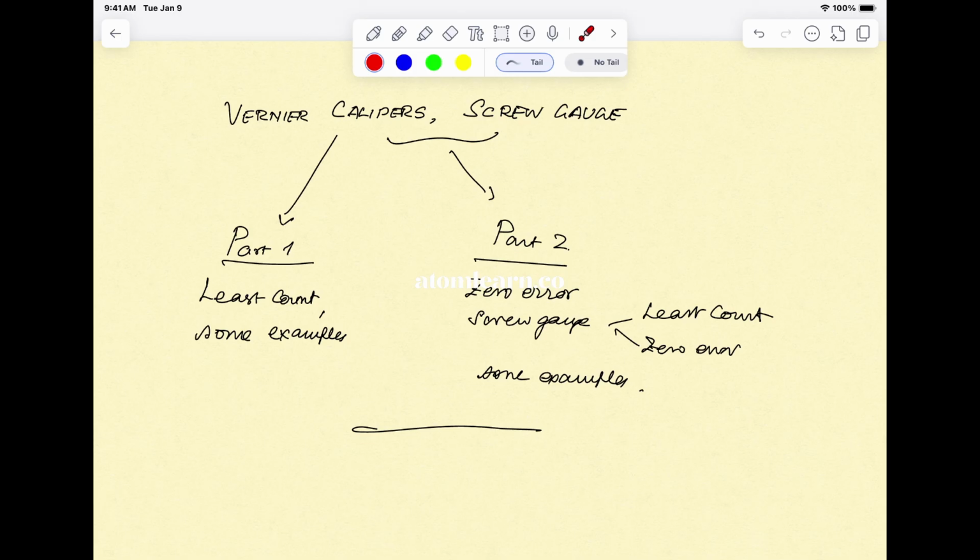And at the end of the part 2 video, we will take up some worked examples as well as give you some practice examples from past papers, PYQs, both from NEET as well as from JEE Main. So that will be part 2.